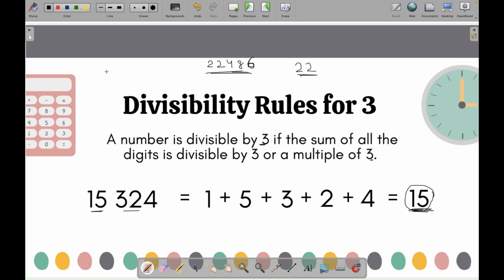If I take one more example, 2428, then 8 plus 2 is 10, 10 plus 4 is 14, 14 plus 2 is 16. So it is not always that you'll get this as the sum. Again we are getting 16, so 3 is not a factor of this number.